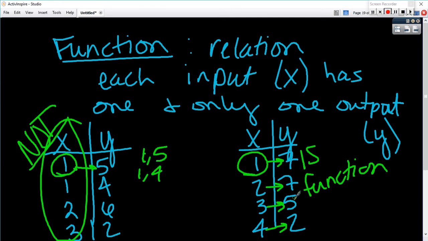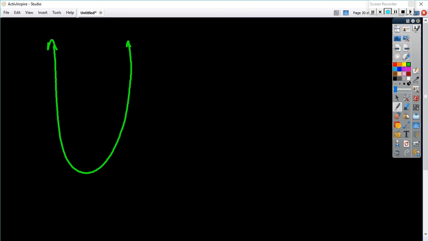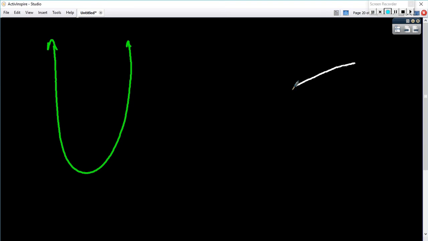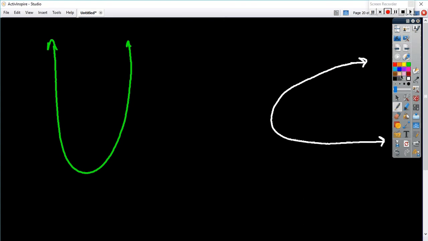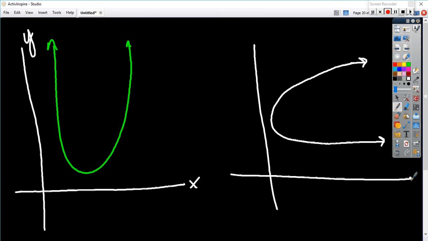Now, let's look at it graphically for just a minute. I'm going to put two things up here. One of them is going to be a function and one of them is not going to be a function. What do you think? Now think about it. If you visualize an x and a y axis here, second one's what?